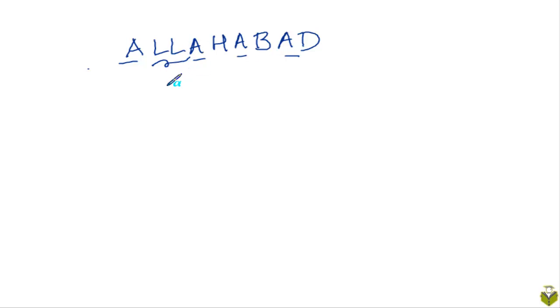We have the word Allahabad. First of all, you should ask whether all the alphabets or objects in this word are distinct. Clearly they are not, right? So you have A's as non-distinct and L's as also repeated. So you have 9 objects.